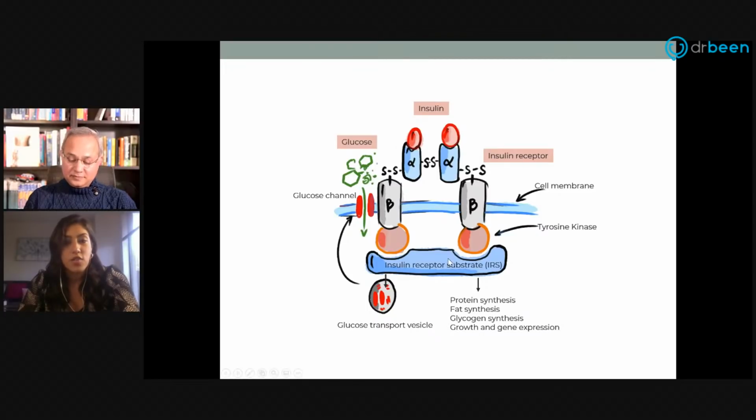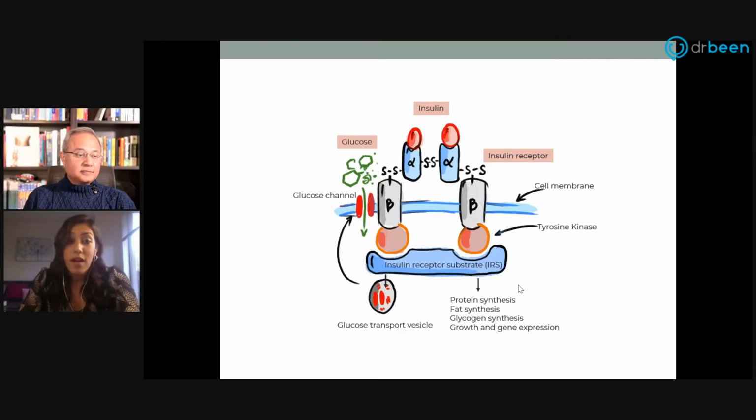And it has so many effects, whether it's even on things like messenger RNA and changing the rates of translation, which is a slower effect. The effects that we're talking about here, with these cascades of phosphorylation and membrane changes, are very quick. But things where it affects translation of mRNA into new proteins are a little bit slower.